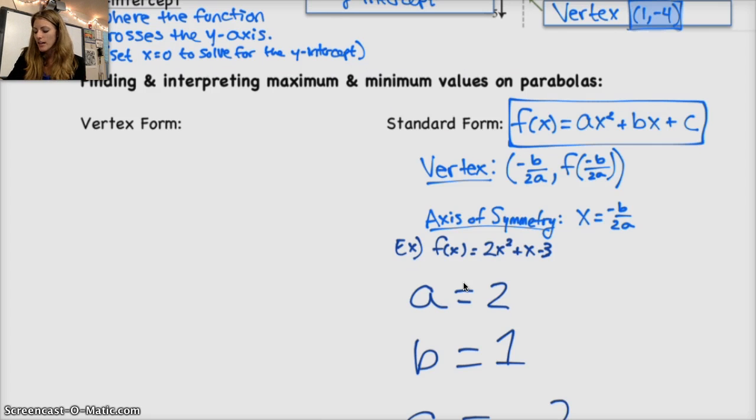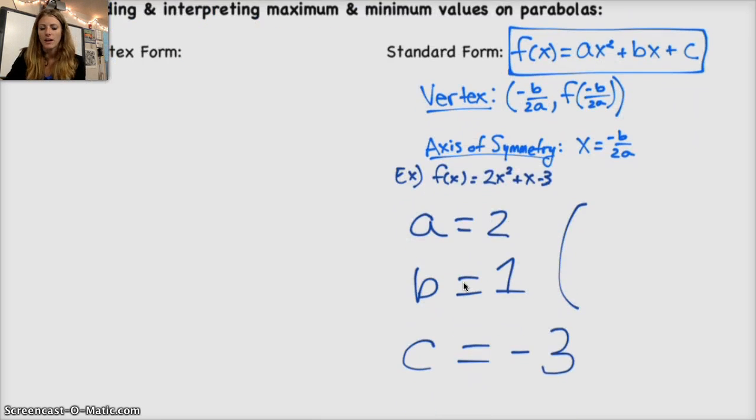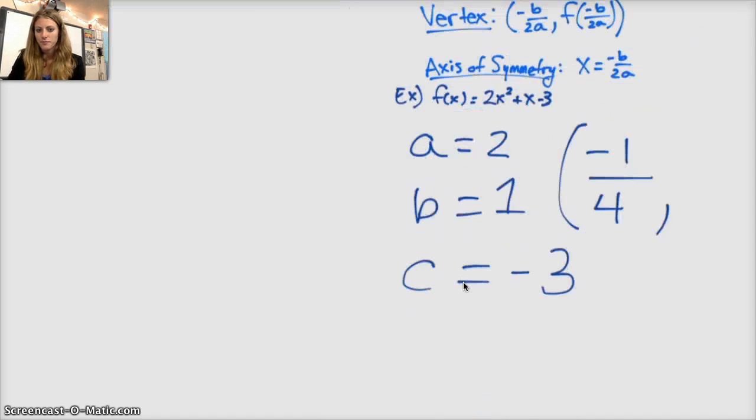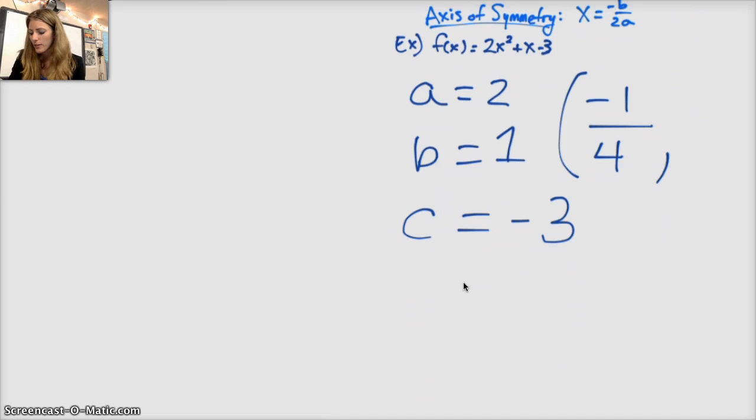So if you want your vertex, you find the x-coordinate, which is negative b over 2a, so negative 1 over 2 times 2, so 2 times 2 is 4. And then you use that value and plug it into the function. So I would take negative 1/4 and plug it into f.